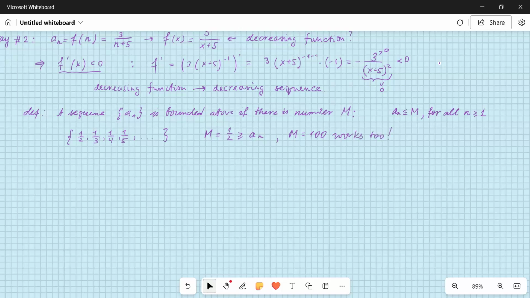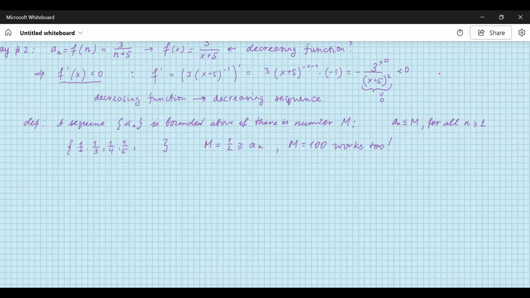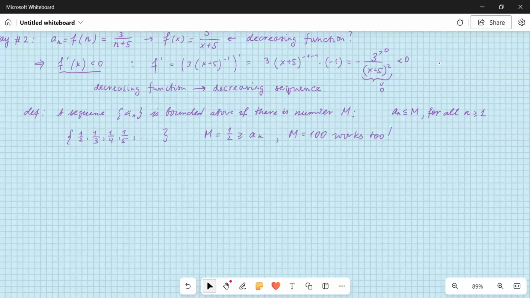Okay? So now, sequence, second part of the definition. Let me change my color. Second part of the definition.